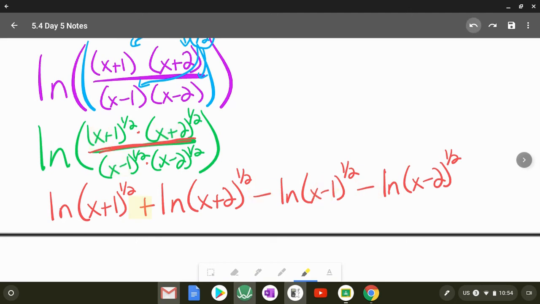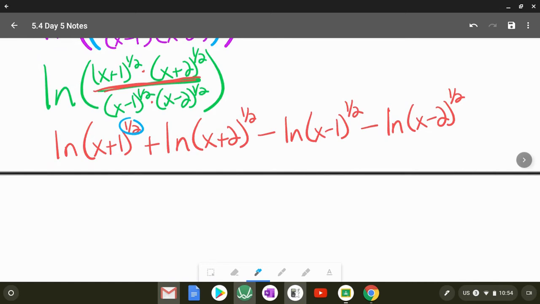Now the final thing here is, remember, we said that when we expand, anything that can go out in front or outside the log or split, we want to go ahead and do. All of these exponents have to go to the front.